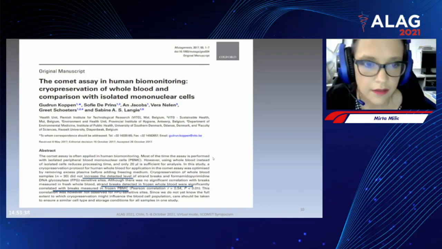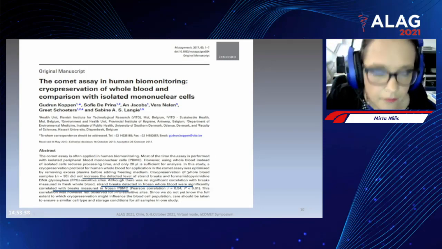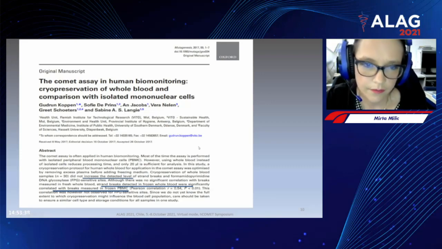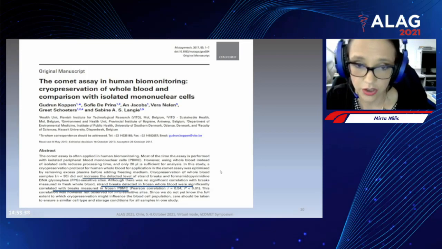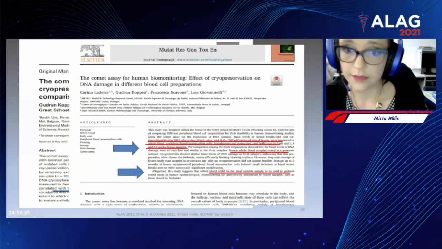I will just show you briefly a few articles from our group that have been published. From 2017, our scientists concluded that whole frozen blood and frozen PBMC can be used for DNA damage detection with the alkaline comet assay, but in this article they did not check the timing of the freezing.